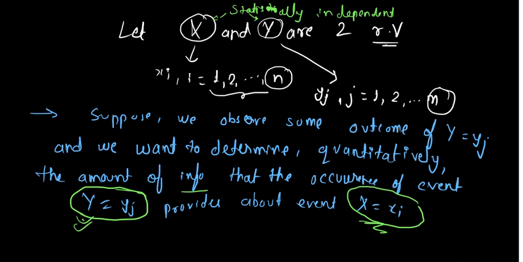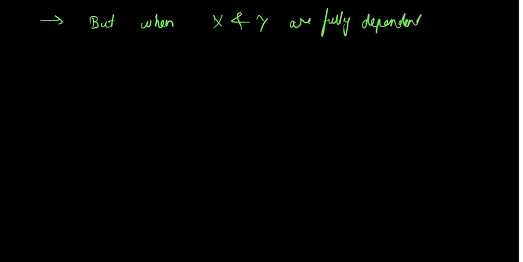But on the other hand, when x and y are dependent, or fully dependent on each other, like rolling a dice, all outcomes are fully dependent, right? Because if one comes, then two won't come at the same time. Only one distinct number can come, right?